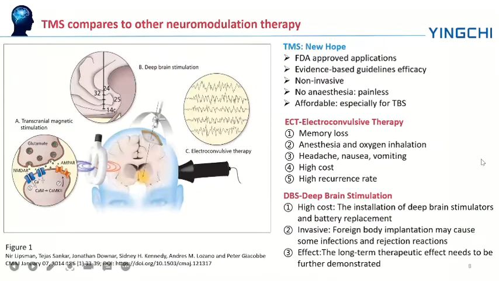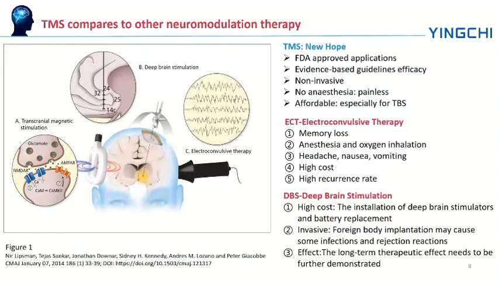So compared to other neuromodulation therapies, such as ECT and DBS. ECT, although it is a non-invasive therapy, may cause memory loss and great pain for patients, so it may need anesthesia and oxygen inhalation. It may also cause headache, nausea, vomiting, and has a high recurrence rate.